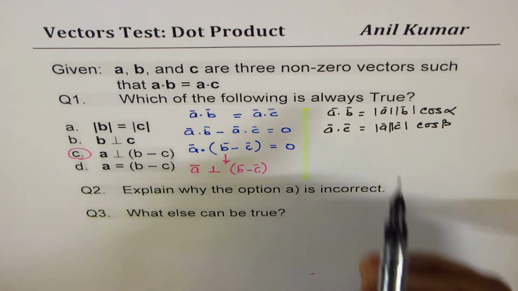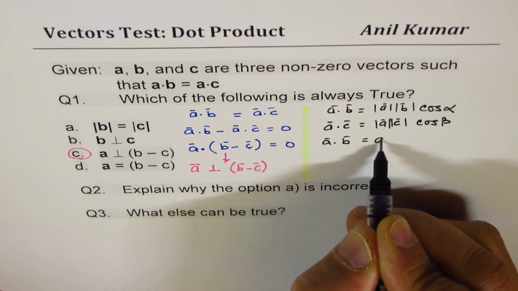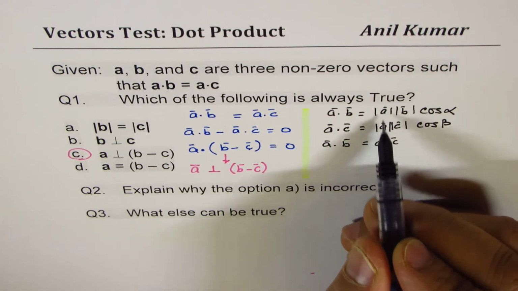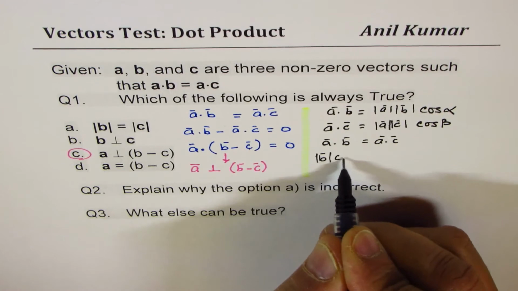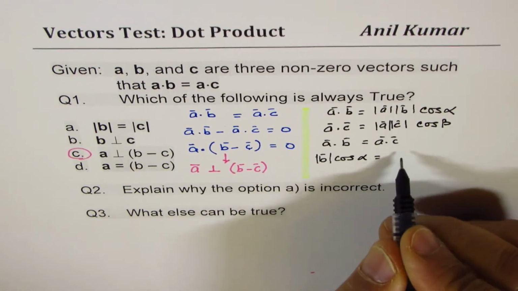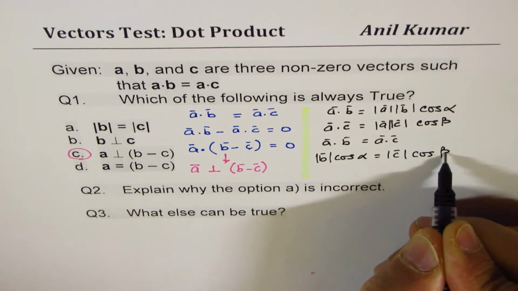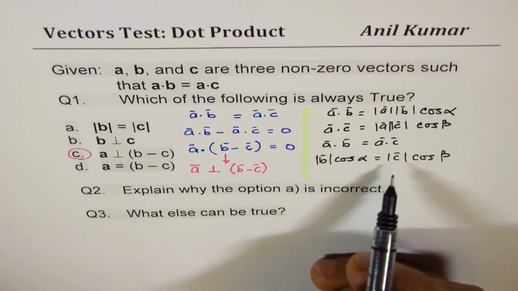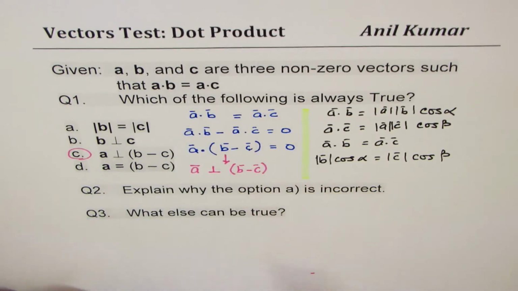Do you see that? If A dot B is equal to A dot C, it really means that, as A is common, the magnitude of B cos of alpha is equal to magnitude of C cos of beta, right? So that becomes another condition which is always true when their dot products are the same.